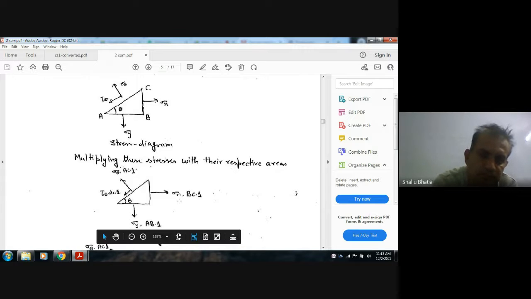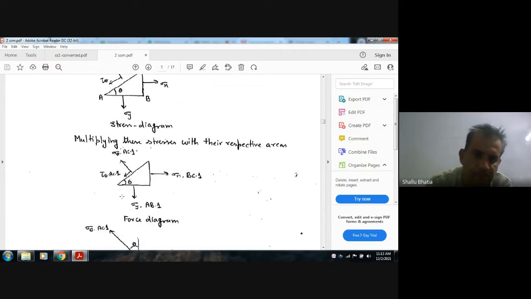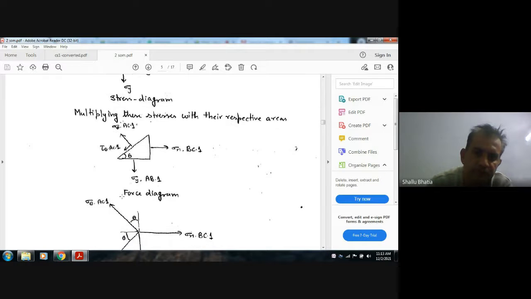So it will be sigma x BC into 1, because the thickness of the block is taken as 1, and this is sigma y into AB into 1, this is sigma theta AC into 1, and this is tau theta AC into 1. So this is the force diagram.